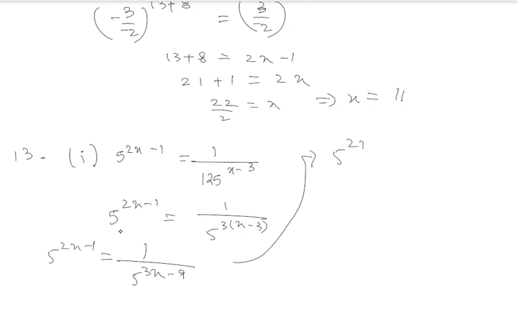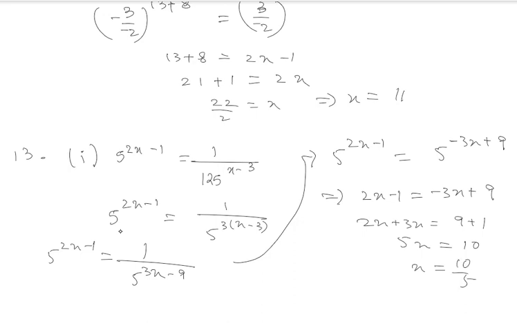So 5 to the power 2x minus 1 is equal to 5 to the power minus 3x plus 9. Implies that 2x minus 1 is equal to minus 3x plus 9. So 2x plus 3x is equal to 9 plus 1. 5x is equal to 10. x is equal to 10 by 5, which is equal to 2.